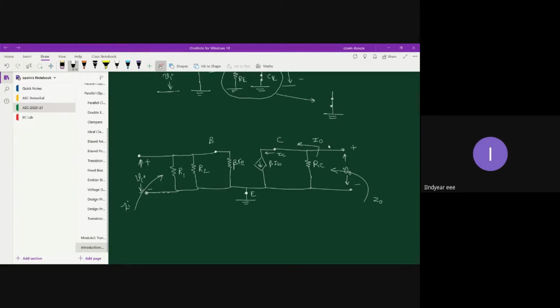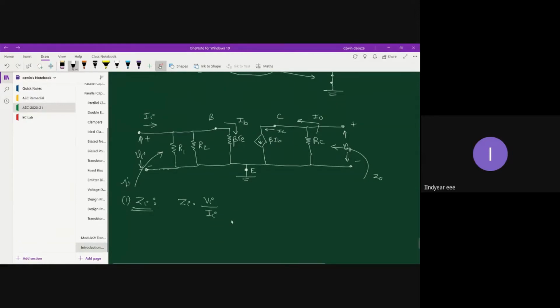There are two-port network currents, I0 and II. We will also mark the transistor current, IB, and IC I have already marked. Fine then. Let's find the first performance parameter, ZI. By definition, what is ZI? ZI is the ratio of input voltage to input current. So you can estimate ZI by observation itself.